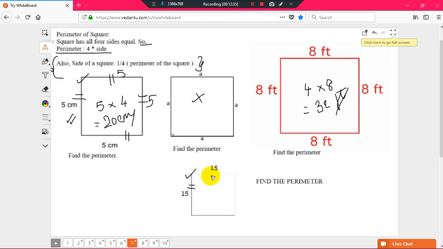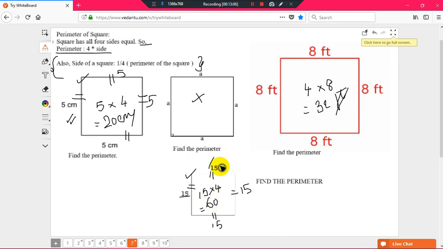And for this, same as the first square, they have given only 2 sides. We know that all the sides are equal. If here it is 15, then here is also 15. To find the perimeter, we multiply 4 with this side. If the side is 15, then 15 into 4 is 60.